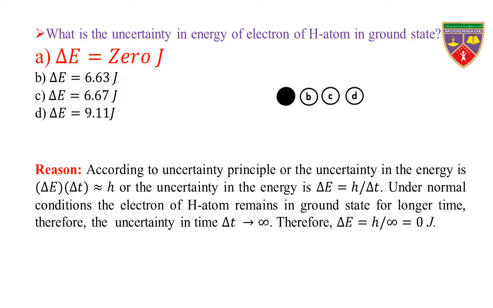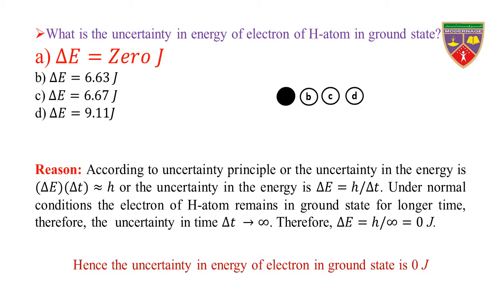Under normal conditions, the electron of a hydrogen atom remains in the ground state for a longer time. Therefore, the uncertainty in time delta t tends to infinity. Therefore, delta E equals h divided by infinity, which is equal to 0 joules. Hence, the uncertainty in energy of an electron in the ground state is 0 joules.